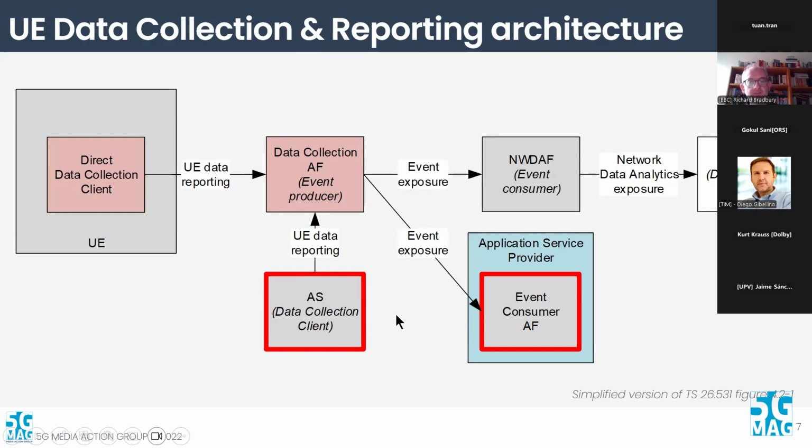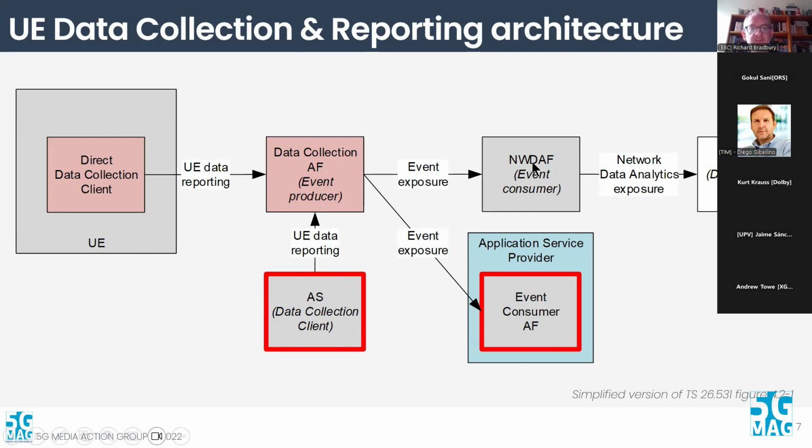And we also identified the potential requirement to expose these things not just to an analytics function inside the 5G network, but also to third parties as well. So we wanted to be able to have a second kind of exposure to a different kind of consumer. So this is basically the scope of this 26.531 spec that SA4 developed.